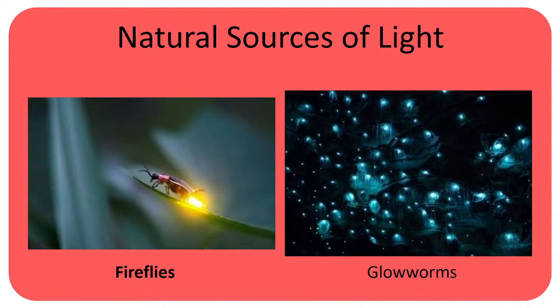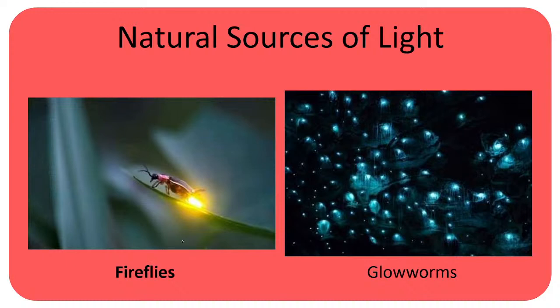More examples about natural sources of light: fireflies. Have you seen fireflies? It is called kajule in Marathi. It is a fly that can glow light, isn't it? And these you can see during the night time especially. You can see their light during night time.